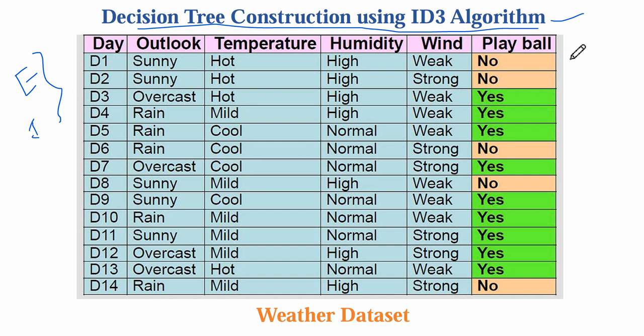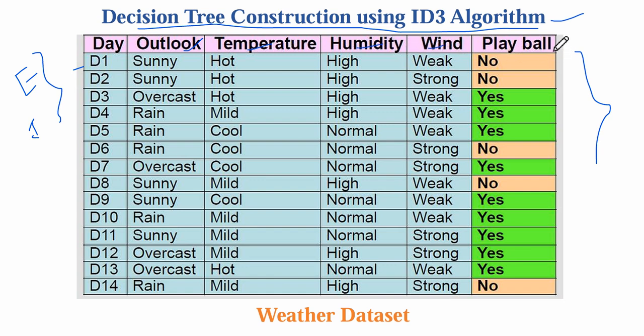In this video, I am taking the weather data set. Let us first try to understand this data set. It contains 14 records, from day 1 to day 14, and four features: outlook, temperature, humidity, and wind.